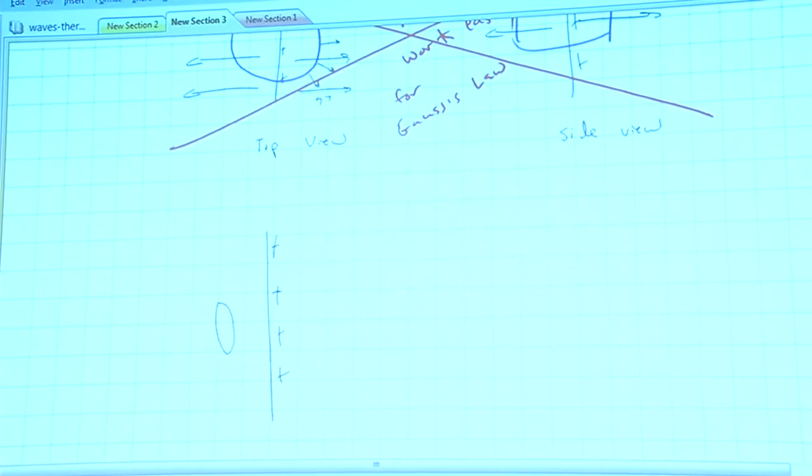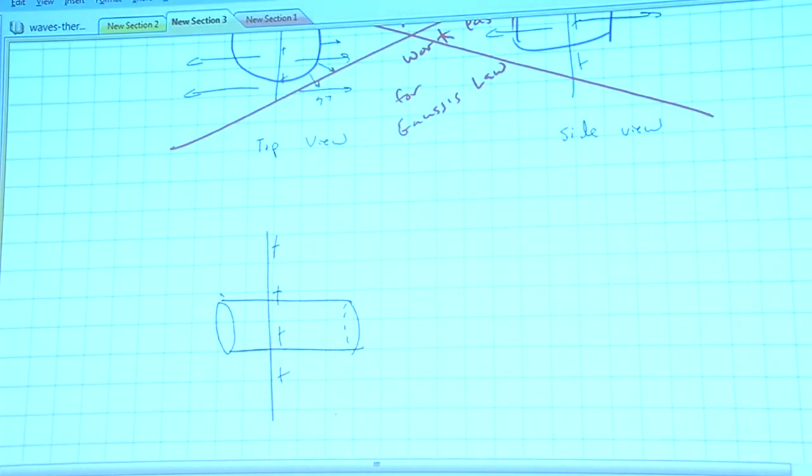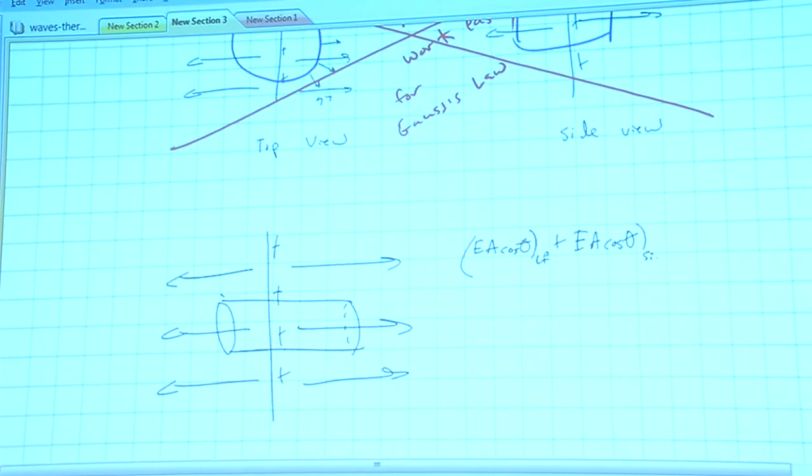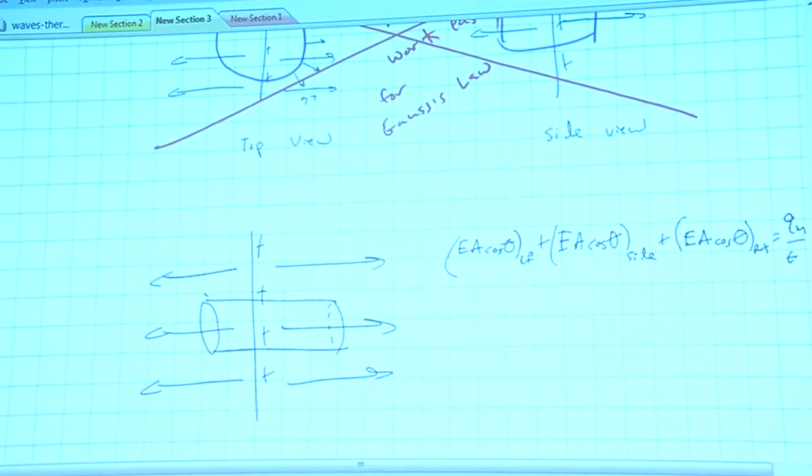We would orient it this way, right? The electric field does something like that. We say EA cos theta over the left plus EA cos theta over the sides plus EA cos theta over the right has to equal Qn over epsilon naught.